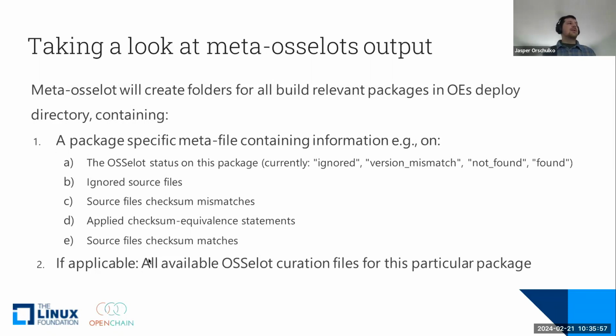It will list the checksum mismatches that might have occurred, and the same with the equivalence of checksums, and in the end, basically everything else that has matched. If a package was found, whether in the matching version or with a version mismatch, we will also provide all the OSSelot data on this package, so it will also be saved in this deploy directory.